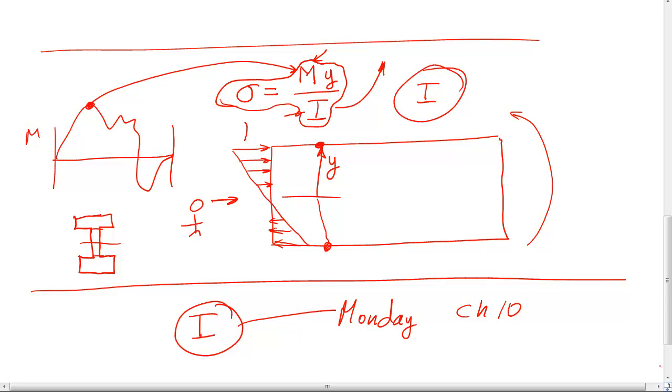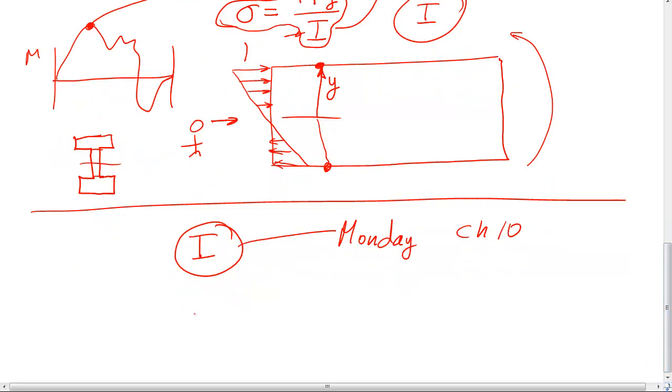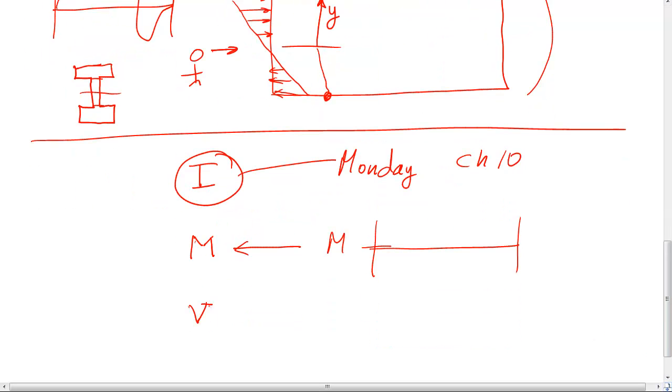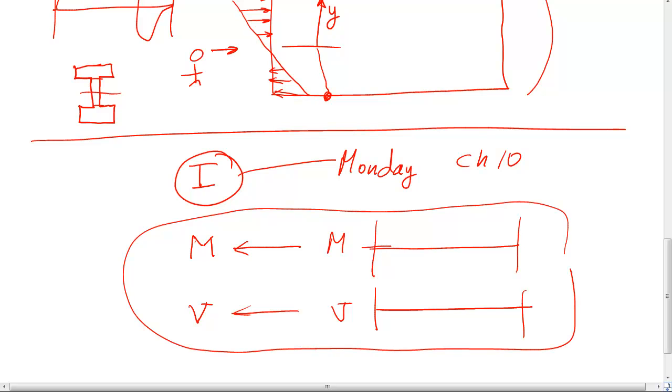And then guess what? On Tuesday, that makeup exam is going to focus on the moment as a function of x, the moment diagrams. Unfortunately, you got to know the shear too, so you better know how to find the shear and moment, and there'll be some more videos. We'll talk about some of those. But again, these are two important points. And there we go.